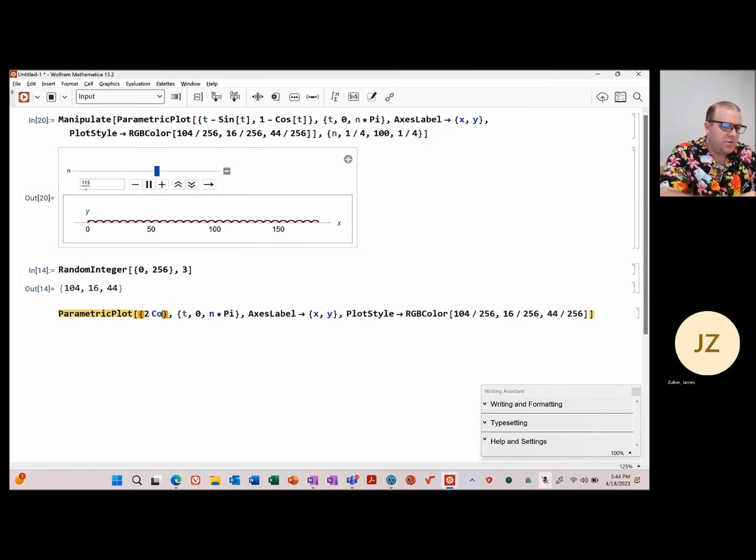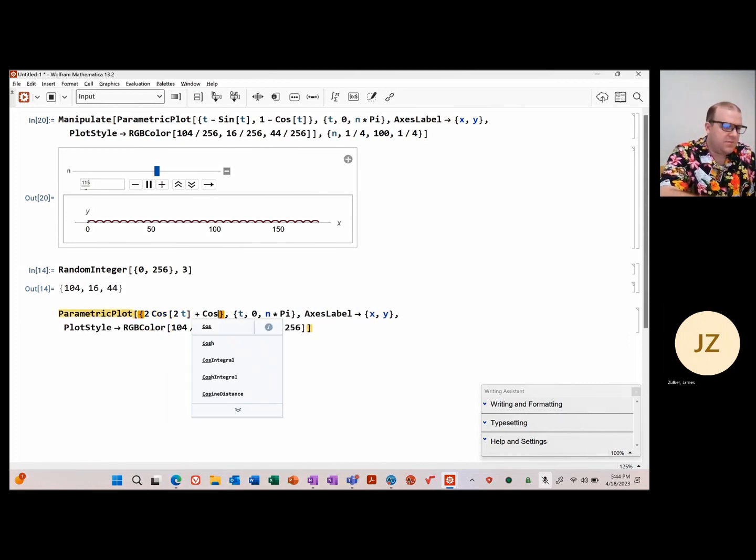So we had 2 cosine 2t plus cosine of 2t. I'm sorry, it was cosine of t for the first one.